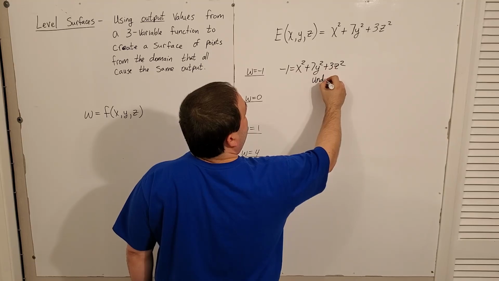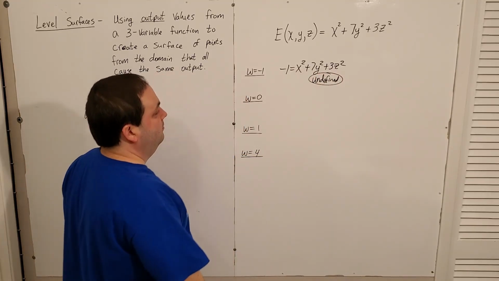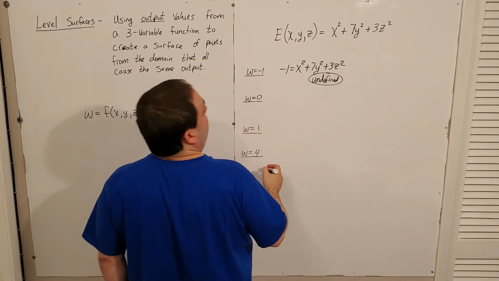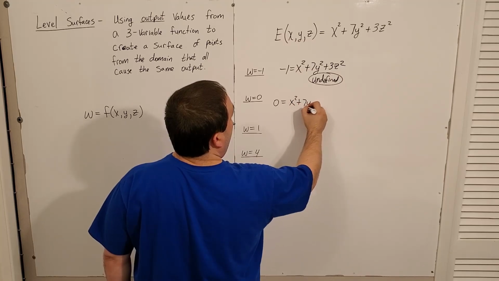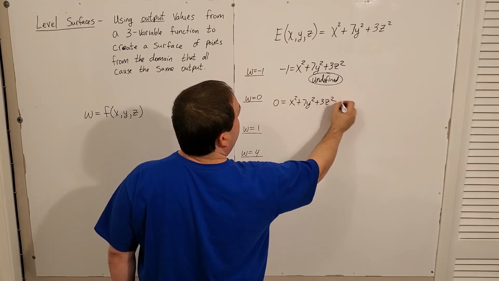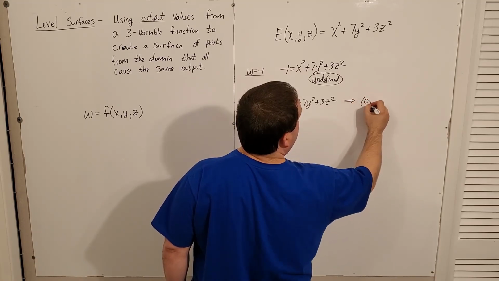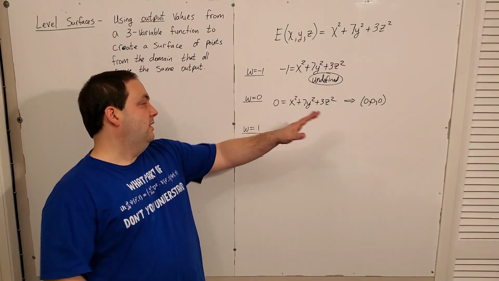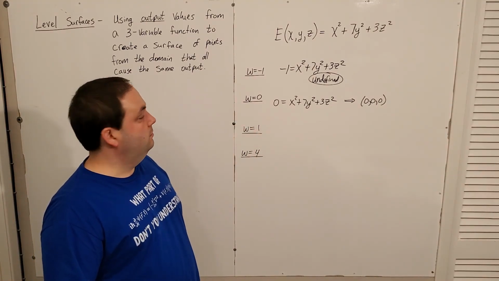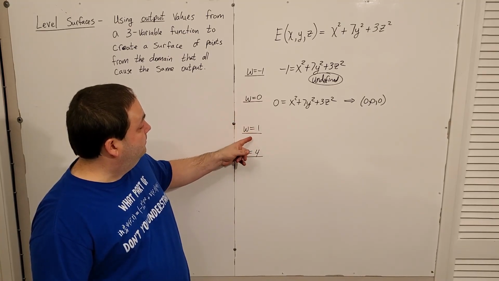For us, it's undefined because it's not defined for our system. When W equals 0, 0 equals x squared plus 7y squared plus 3z squared. This is just the point at the origin, 0, 0, 0. Okay, so it's a single point that has that particular energy level, or that particular output level, if you want to look at it that way.